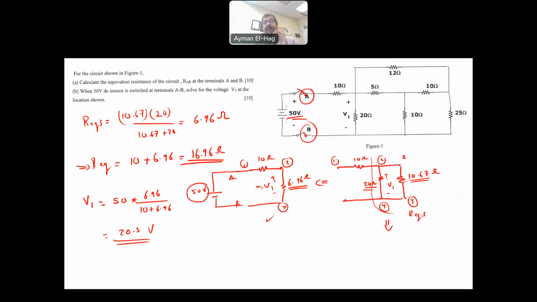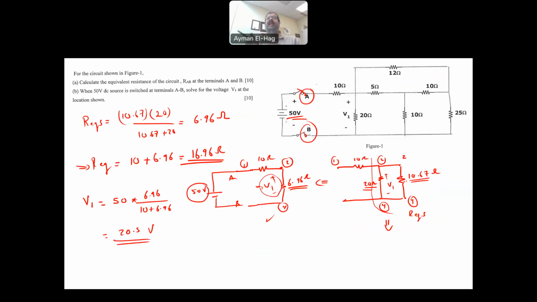Now, we can apply this voltage division when the voltage supply is in series with two resistors. When it is with two resistors like this, the voltage across one of them is the main voltage times that specific resistor divided by the sum of the two resistors. Now you can apply different rules here.